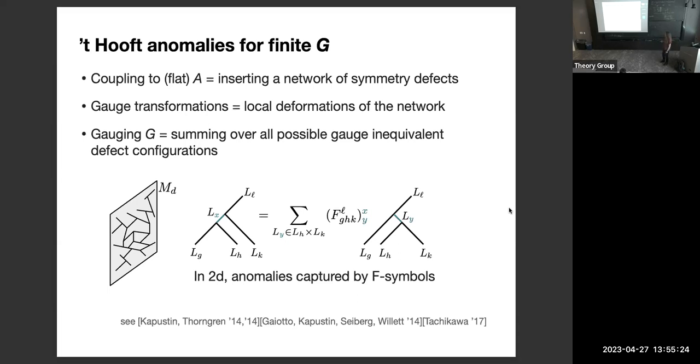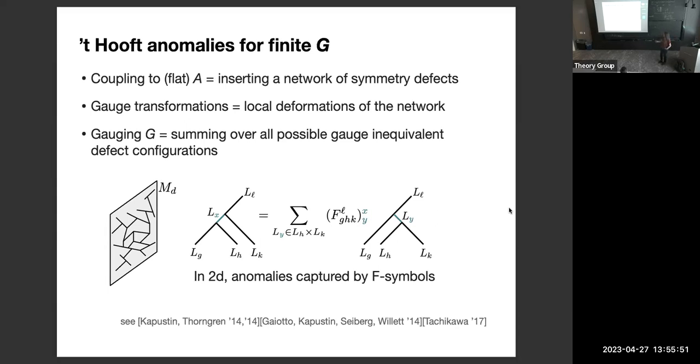And so in this language, gauging the global symmetry, which could be finite, is equivalent to summing over all possible gauge-inequivalent defect configurations. And so in this language, it makes perfect sense to think about all symmetries on equal footing, including finite symmetries, including non-invertible symmetries.